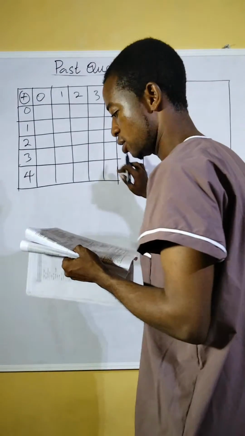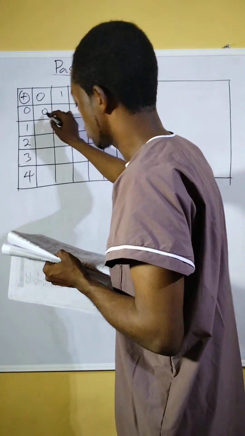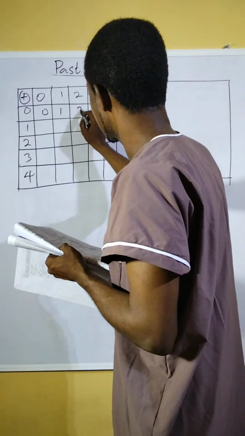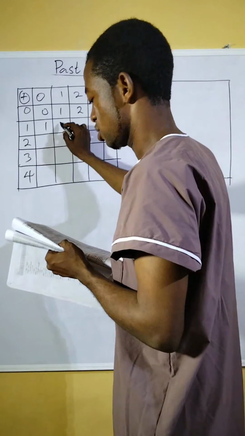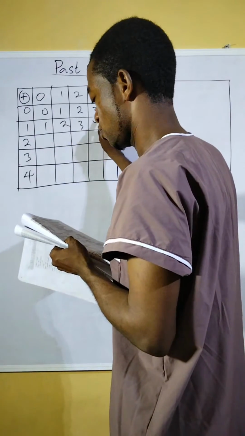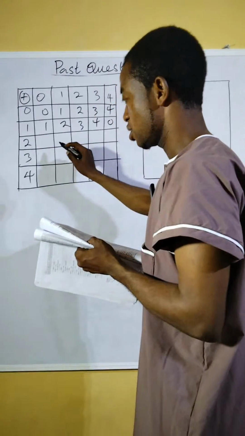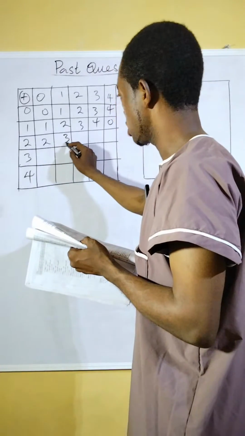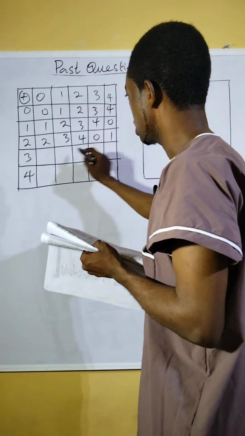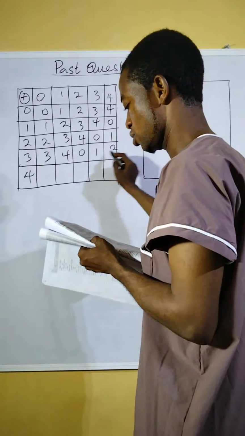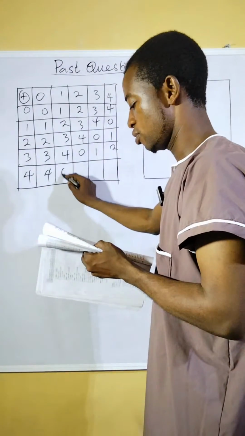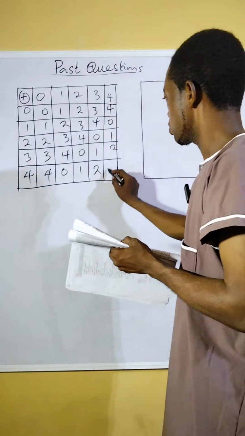And what we have here is 0, 1, 2, 3, 4. This is 1, 2, 3, 4, 0. This is 2, 3, 4, 0, 1. This is 3, 4, 0, 1, 2. This is 4, 0, 1, 2, 3.